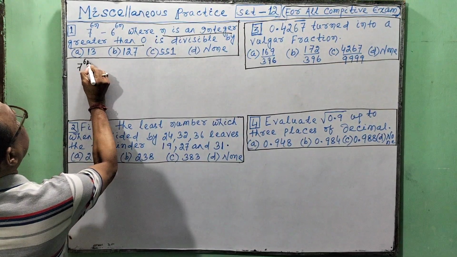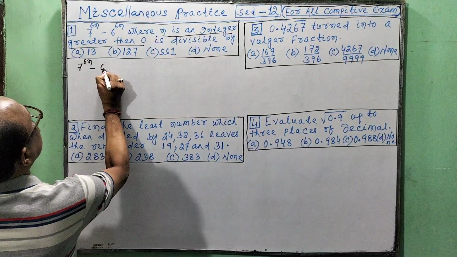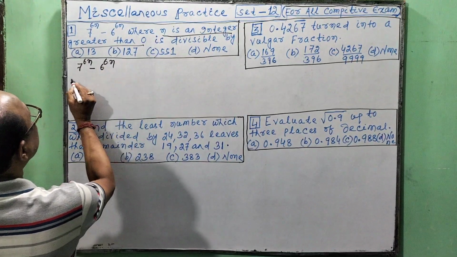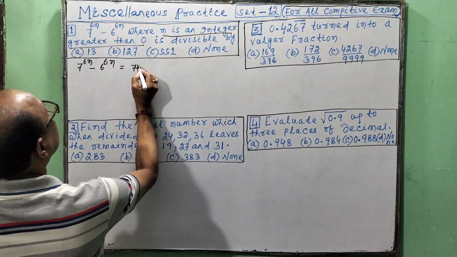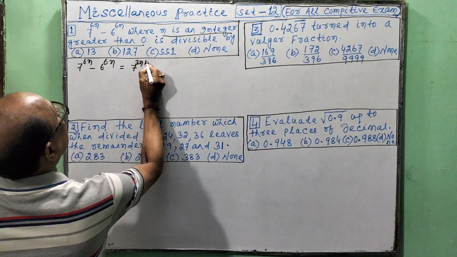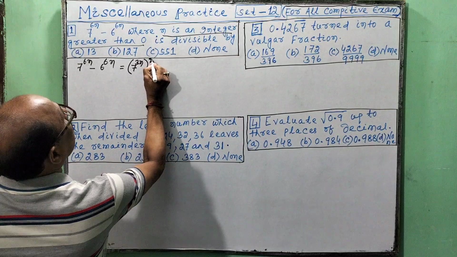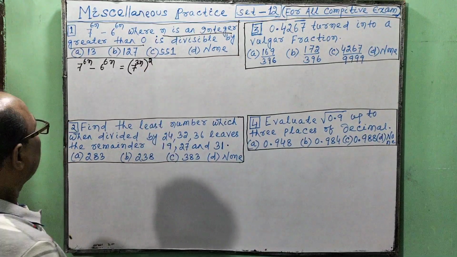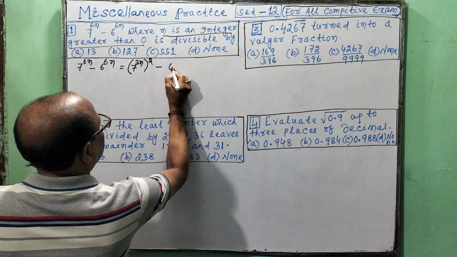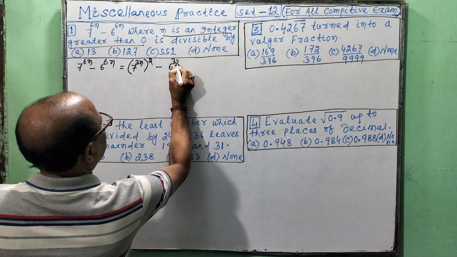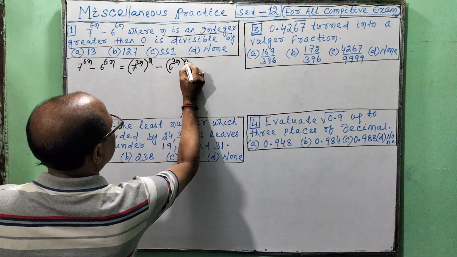7 to the power 6n minus 6 to the power 6n is equal to (7 to the power 3n) whole square minus (6 to the power 3n) whole square.